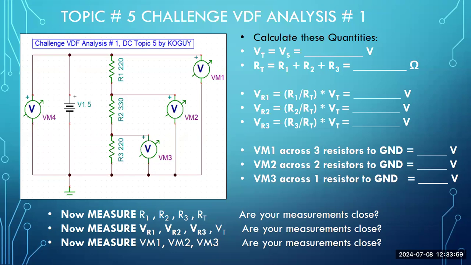Then we're going to build it and do the measurements and see if we're on the right track. So go ahead and hit the pause button now and transfer these formulas and this information of this page into your journal. And let's then proceed to start with some of these calculations.